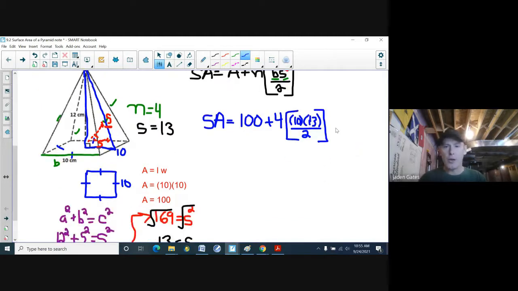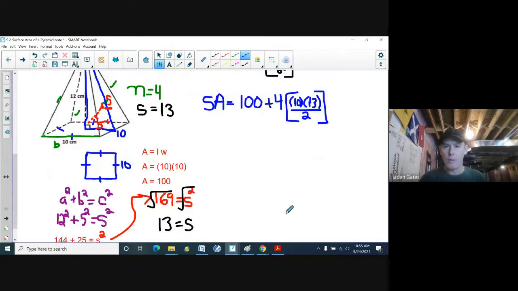Now what we're looking at doing is BEDMAS. So brackets. We got a lot going on with the brackets. So my surface area is equal to 100 plus 4. The first thing I'm going to do here is multiply. I got 10 times 13.